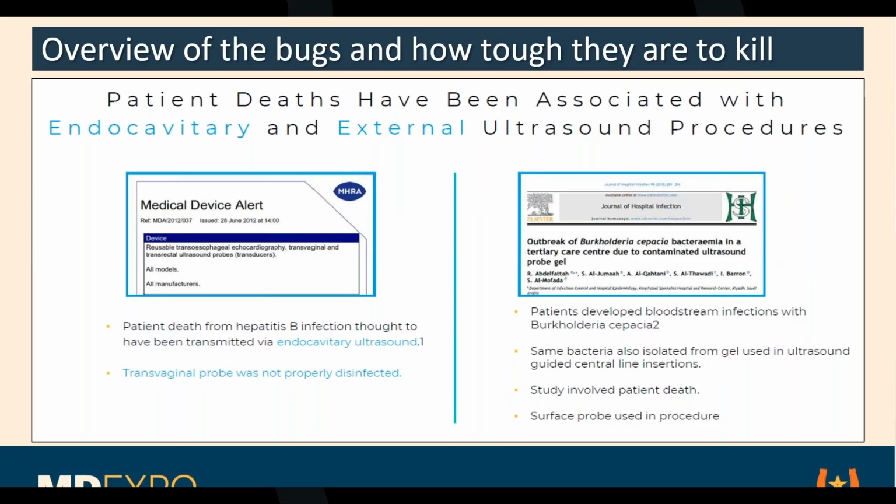The OEMs use that, and then in their IFU, instructions for use, here's one for a probe from Hitachi, it tells you for each of the probes how they're supposed to be tested based on their indication for use, what chemicals have been validated to render them disinfected, et cetera.